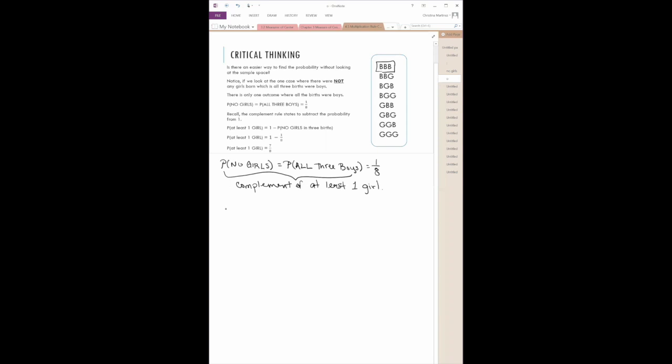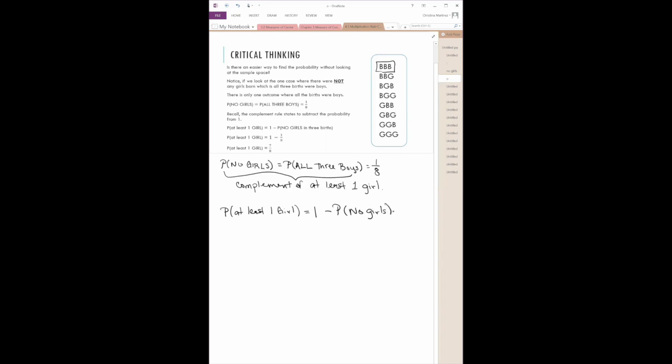So if I'm still focusing on complements, I'm looking at the probability of getting at least one girl. And I need the complement of what I've just found here. And actually, I'm going to write that down rather than this. If I want to get at least one girl, it is 1 minus the probability of getting no girls, which we found.